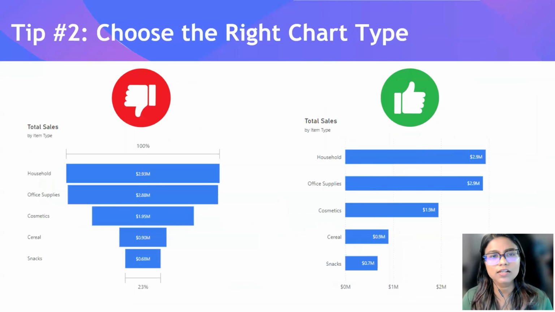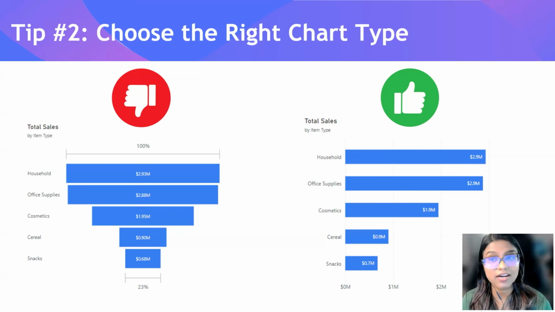Tip number two, choose the right chart type. So this is one of the biggest dashboard crimes that I see, people using the wrong chart type. The right chart type can make data more understandable and meaningful. Take a look at both of these charts that you see on the screen. Both of them show total sales by item type, but one of them is totally wrong.